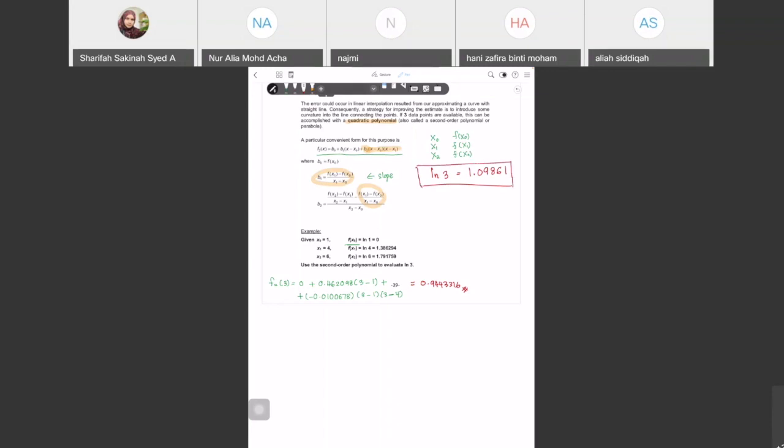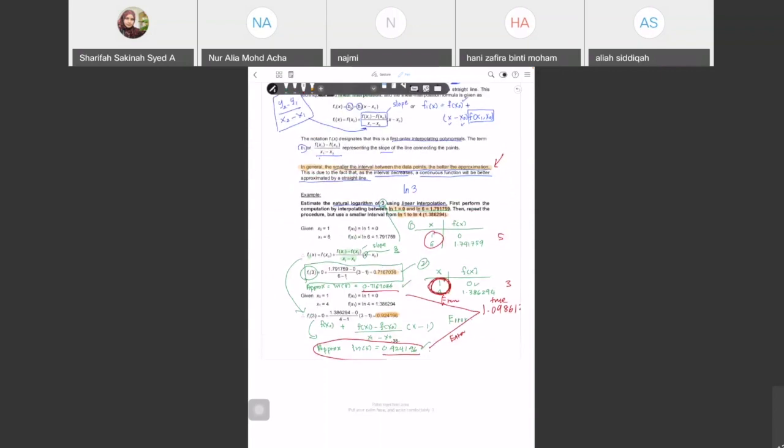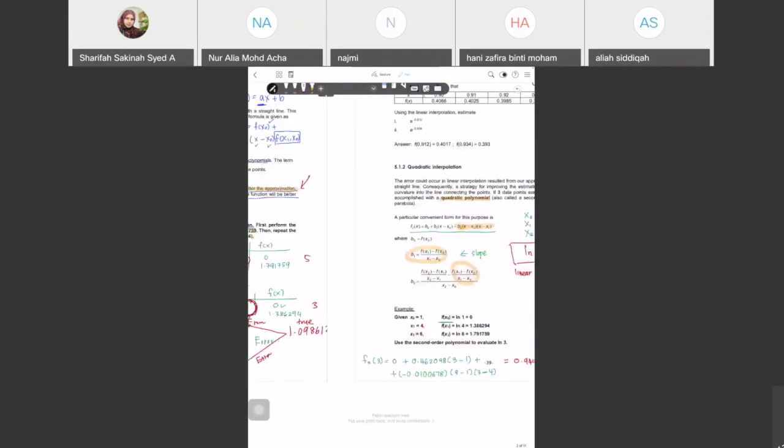So when you use your linear polynomial, we call it the linear Newton interpolating polynomial, or linear interpolation.